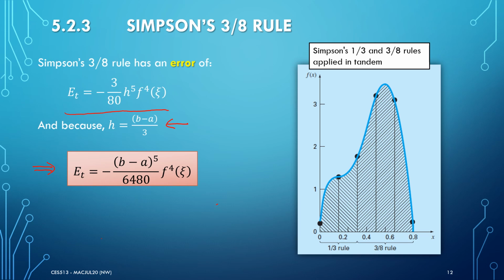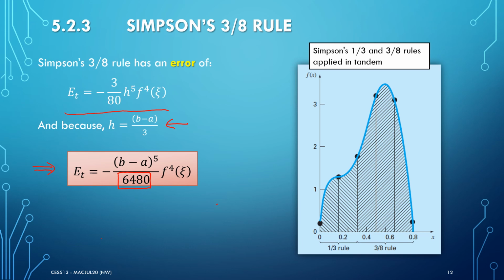So note here that the denominator is bigger than in Simpson's one-third rule, so somehow the 3/8 rule is more accurate compared to Simpson's one-third rule.